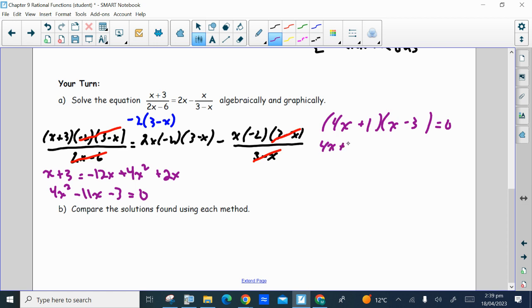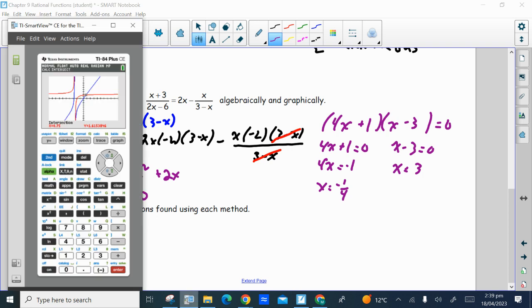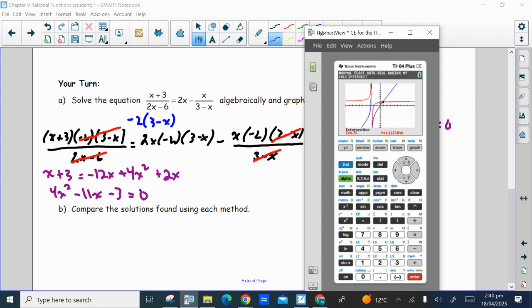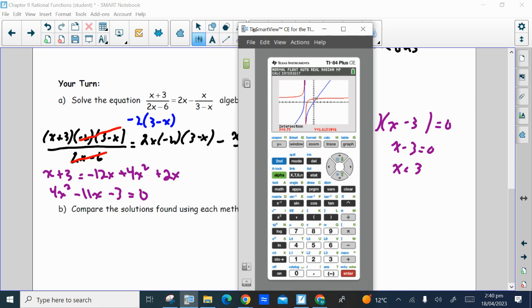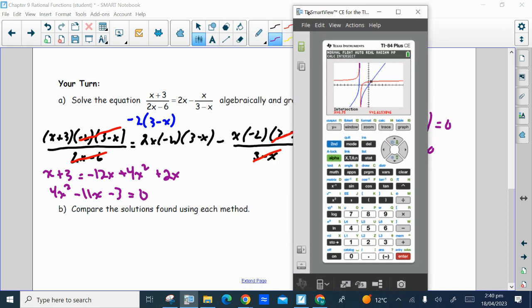So our solutions will come when each factor equals 0. So we'll get negative 1/4 and positive 3. And we'll use our graphing calculator to see if any of these are extraneous.